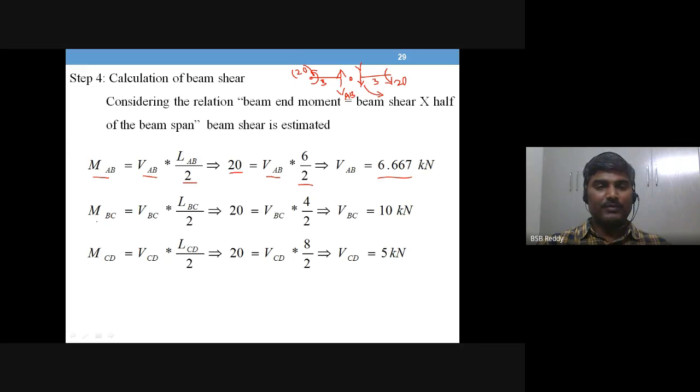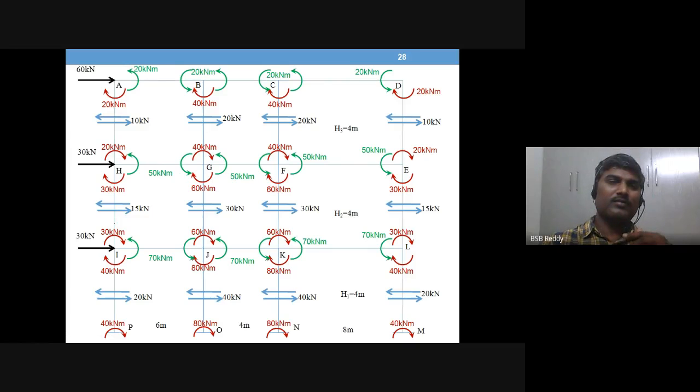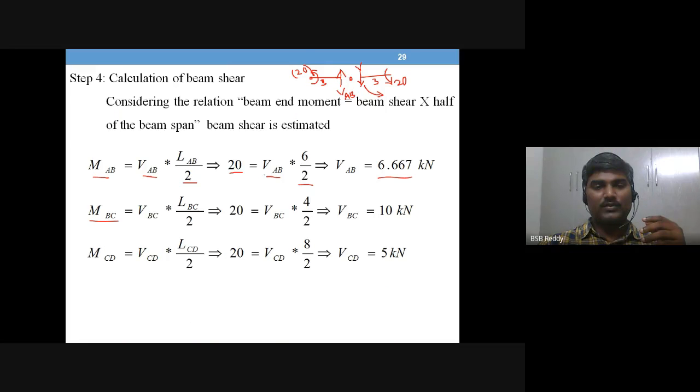So next, beam BC. Okay, AB is the leftmost beam, top story. You see, top story, leftmost beam, then middle beam, then the right hand beam. The span is 4 meters.